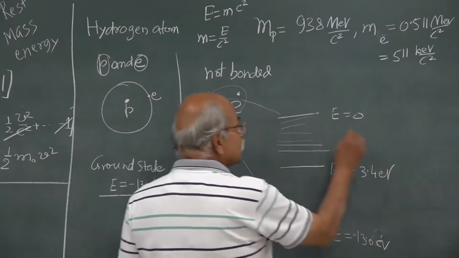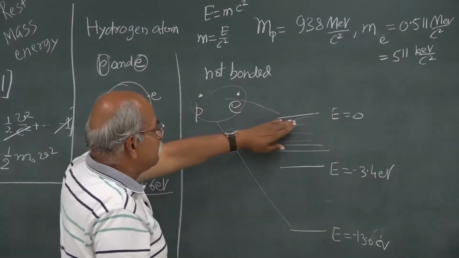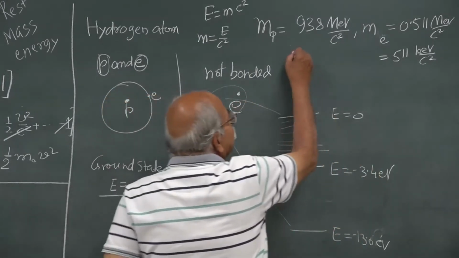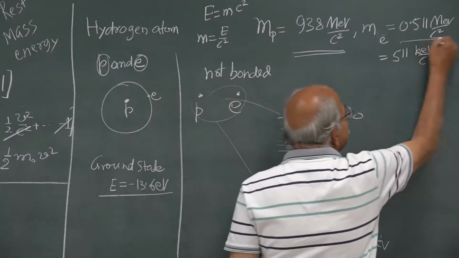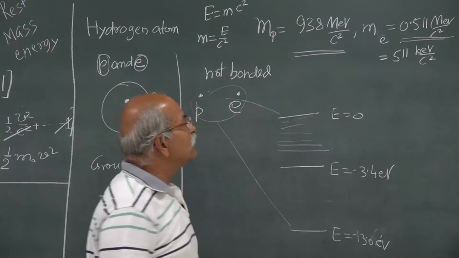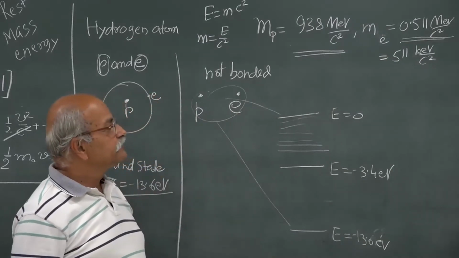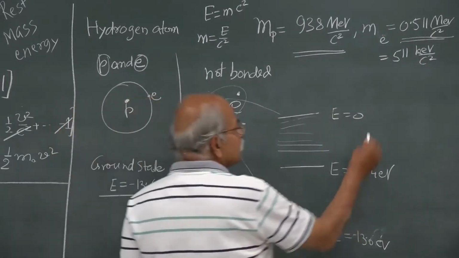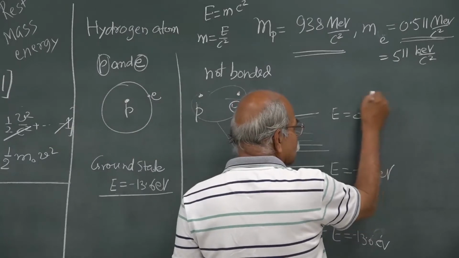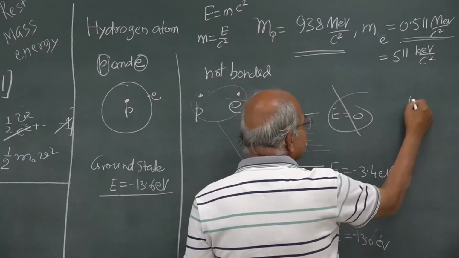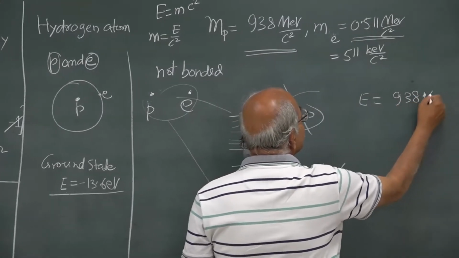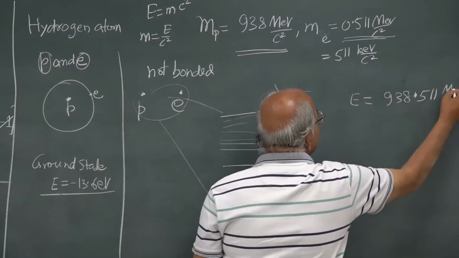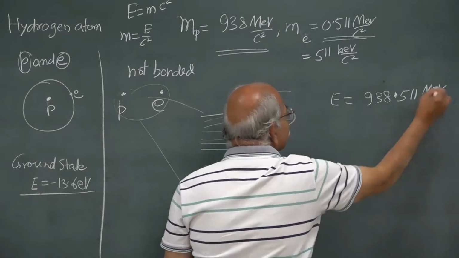So, if this energy is 938 MeV by c square plus 0.511 MeV by c square, no, the energy here is 938.511 MeV by c square.